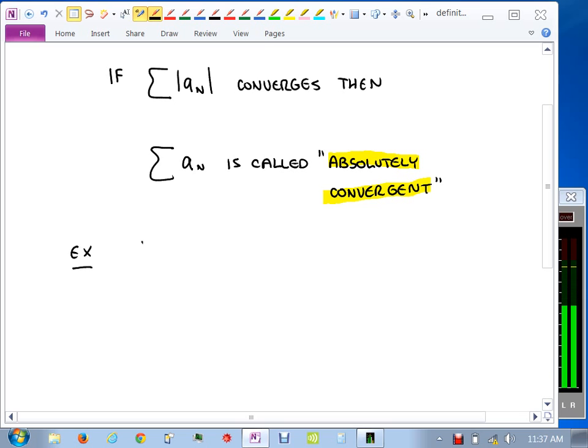Let's look at 1 minus 1/4 plus 1/9 minus 1/16 plus 1/25 minus dot, dot, dot.